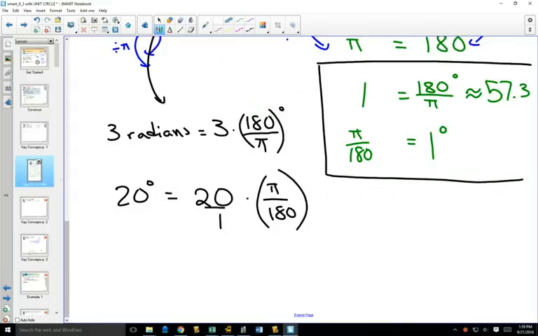And you could reduce that fraction if you wanted, or just leave it as 20 pi over 180, or reduce it to pi over 9. Could also write it as a decimal, but most of the time we'll leave things as exact answers.